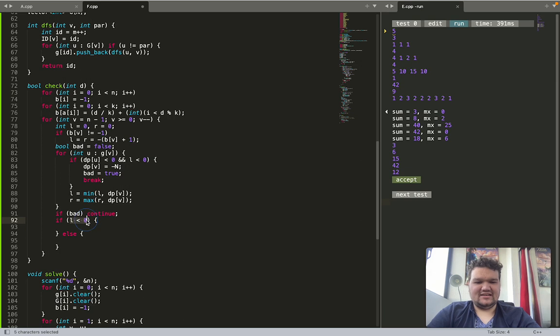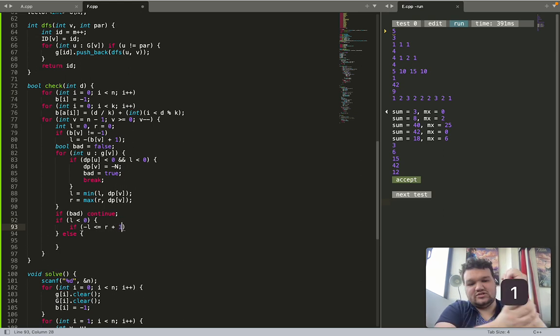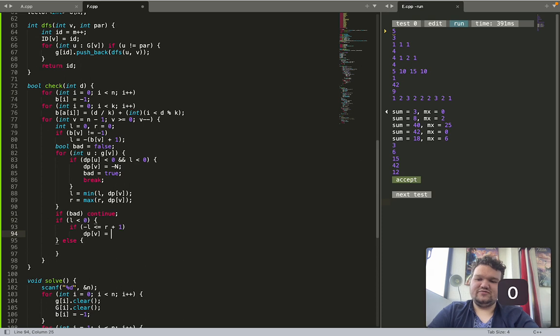Minus L is the number of vertices we need to use, and R is again the number of vertices in that son that we can use. So if minus L is at most R plus 1, because in that son we can use R vertices and plus 1 for the root, for the vertex v, then dp of v is 0.